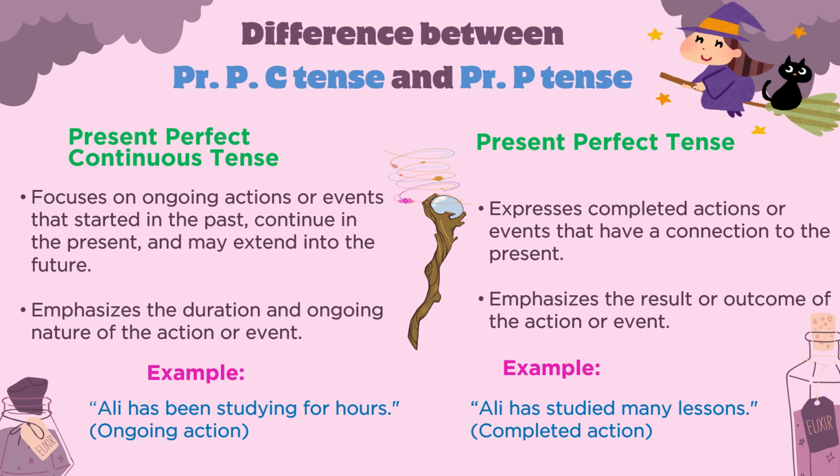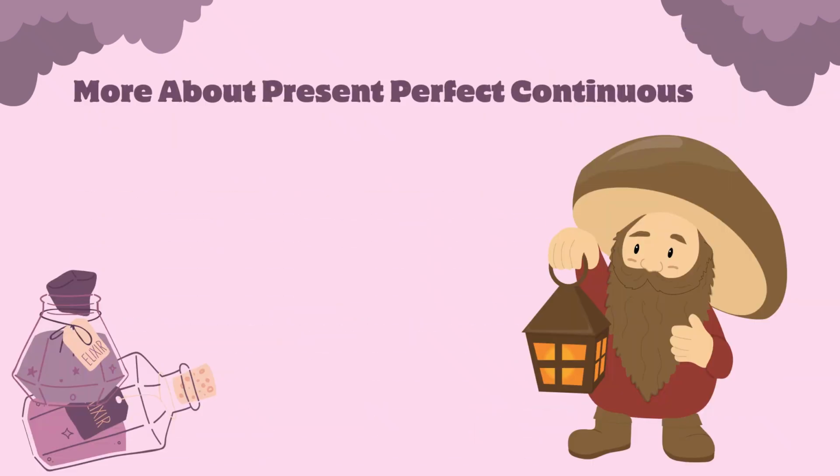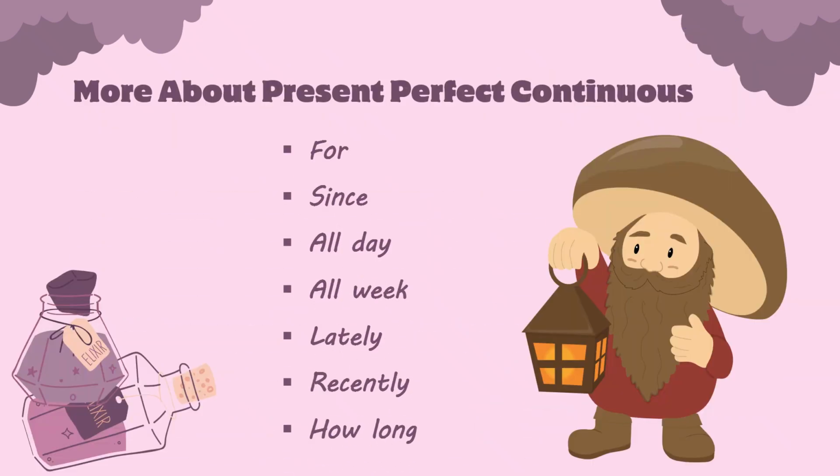It clearly shows that the action of study is completed. These words are commonly used in the perfect continuous tenses, either present perfect continuous, future perfect continuous, or past perfect continuous. The words are for, since, all day, all week, lately, recently, how long.